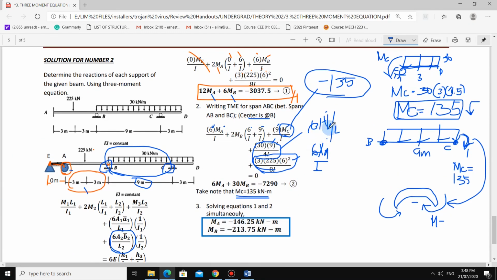Practice the sign convention for the three moment equation. So we have negative 7,219. This will be our equation 2.